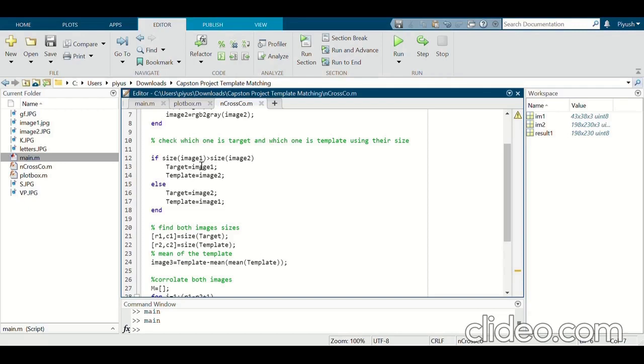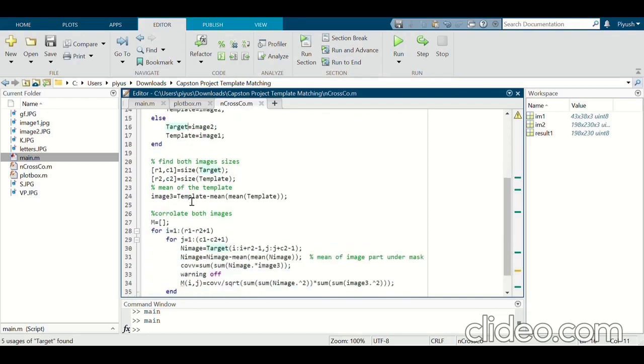So the image of greater size is the target image, and the image of lesser size is the template image. This is the if and else condition that I have written to classify the images as target and template.